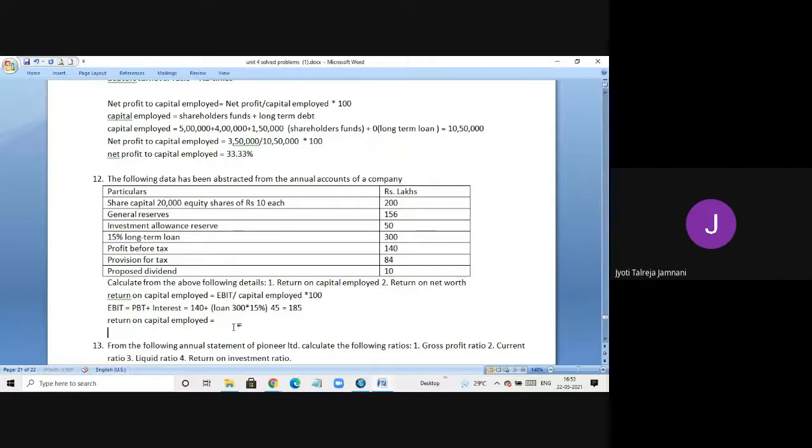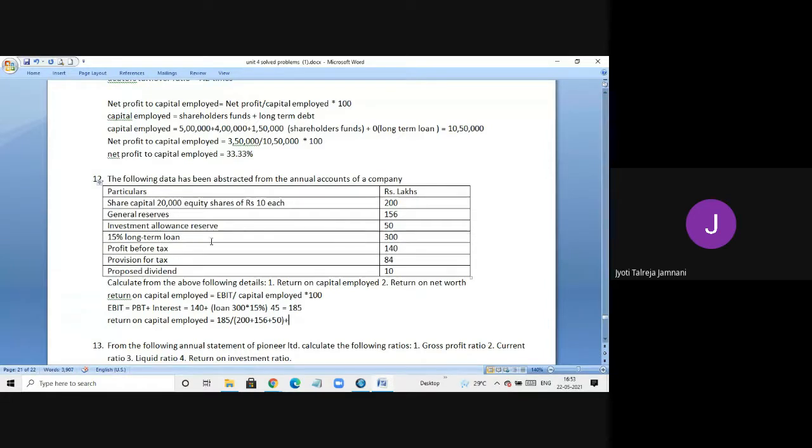So we have our EBIT now, that is 185 divided by, we need the capital employed. Capital employed, I have told you before, is whatever the shareholders' funds are plus the long-term loan. So here we have shareholders' funds as equity capital 200 plus general reserves 156 plus investment allowance reserves 50, whatever reserves we have, all the reserves we will take. So this is our shareholders' funds plus the long-term loan.